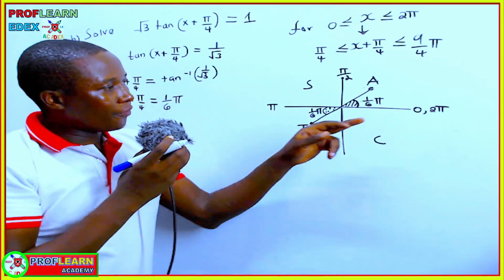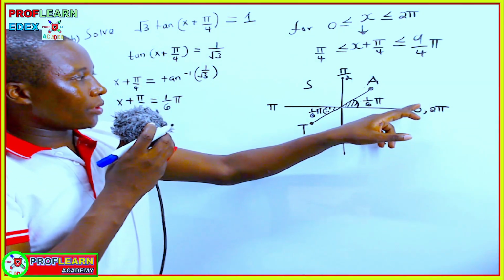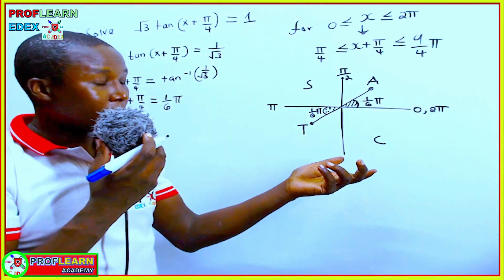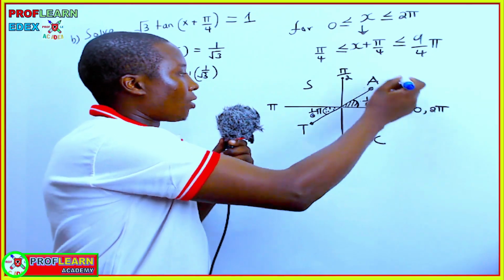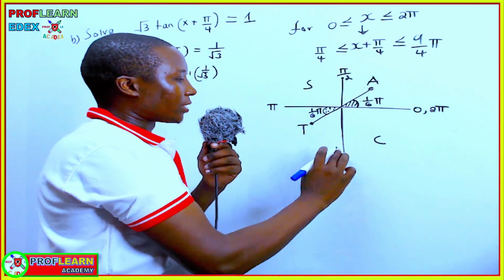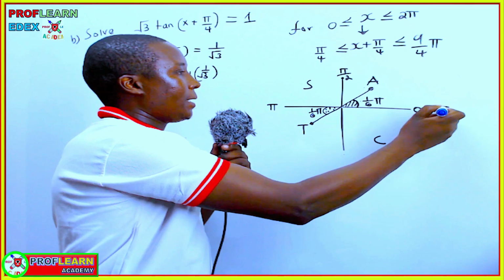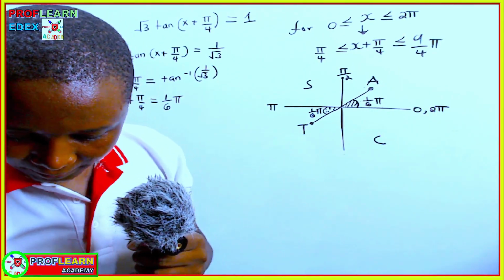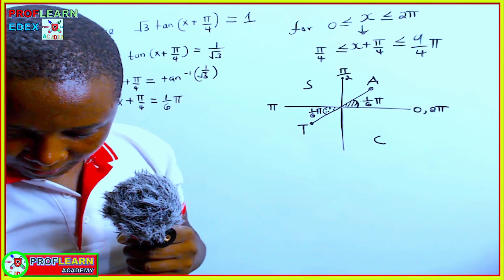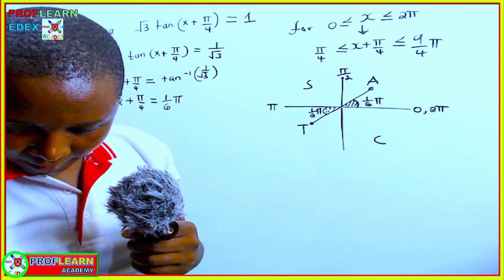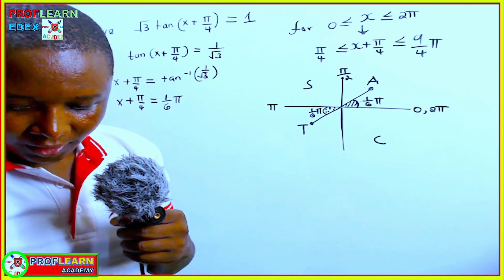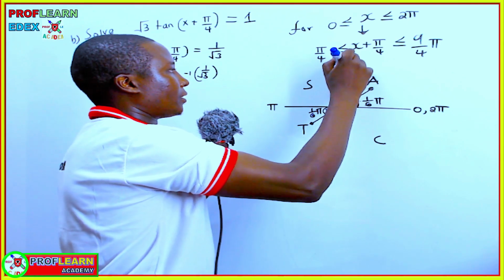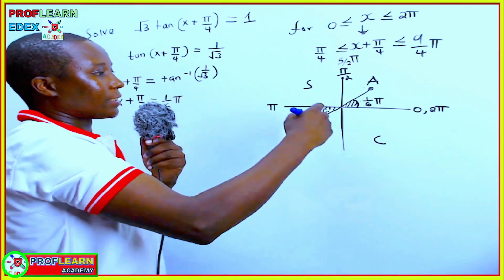Now, if we are moving from this point to this, you are adding pi over 2, which is equivalent to 90 degrees. And if we have gone the entire cycle, we can add 2 pi plus pi over 2. So if we add 2 pi plus pi over 2, we are going to get 5 over 2 pi. So this angle here is 5 over 2 pi in the second cycle.